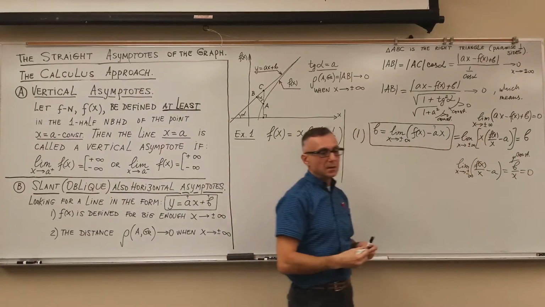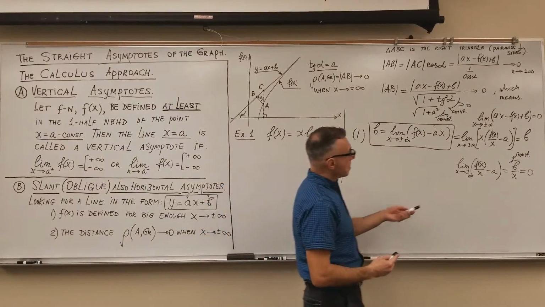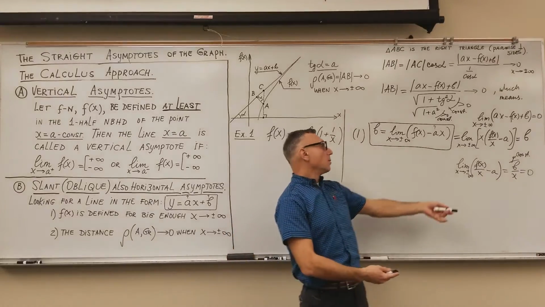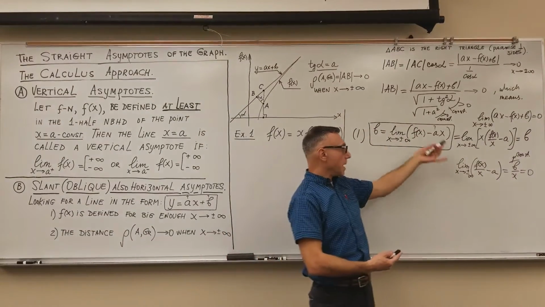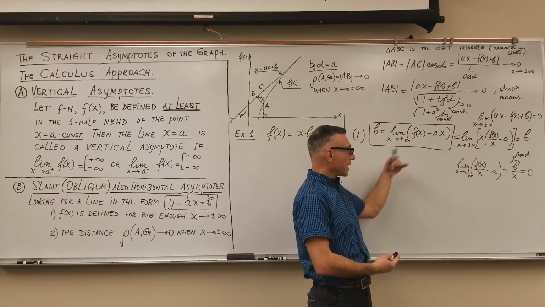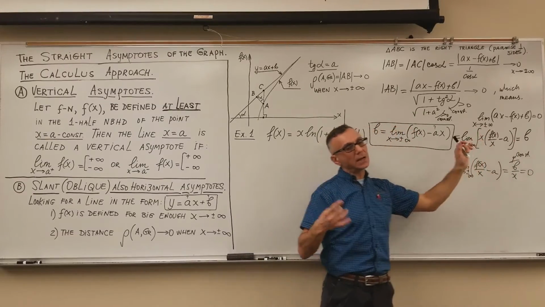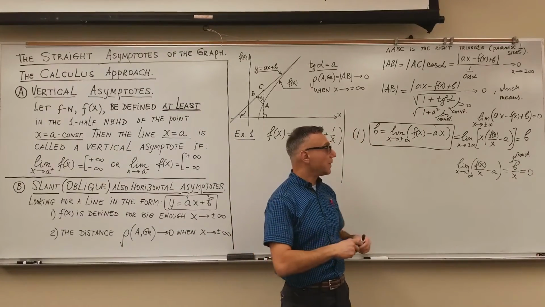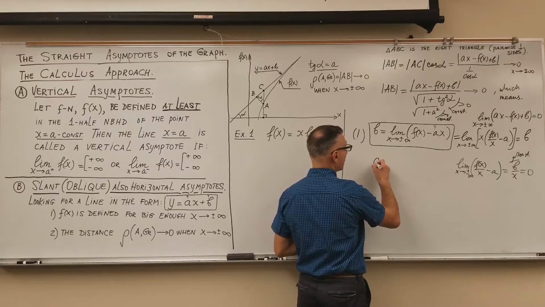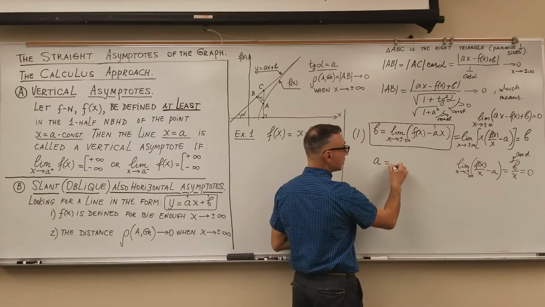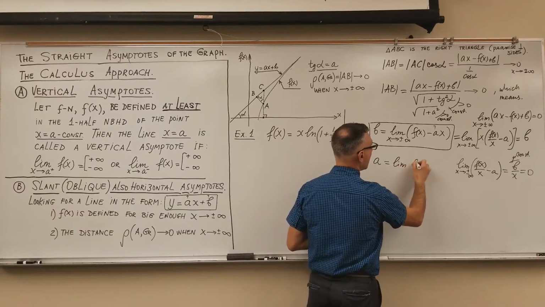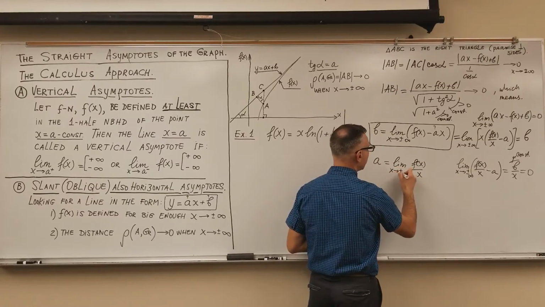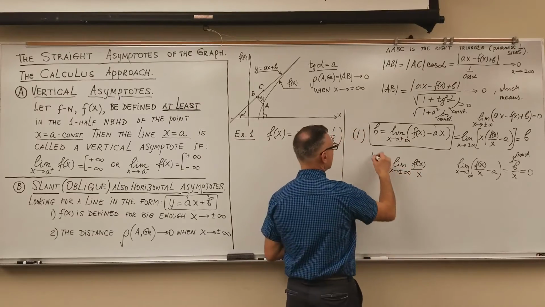We proved that; you know that. So from here, I can find a. It is a constant, so we can pull it outside of the limit with the minus sign, minus a. Move the limit to the right, also with the minus sign. Both minuses will cancel, and finally I will get the formula for my slope: a will be equal to the limit of f of x over x when x goes to either plus or minus infinity.